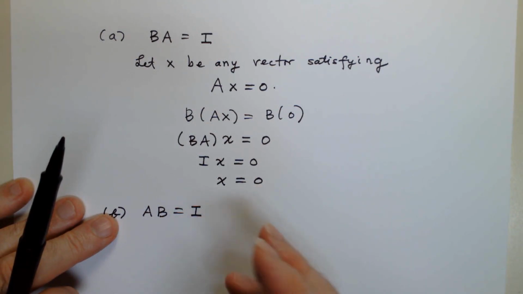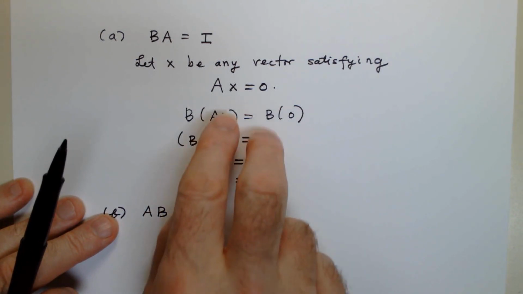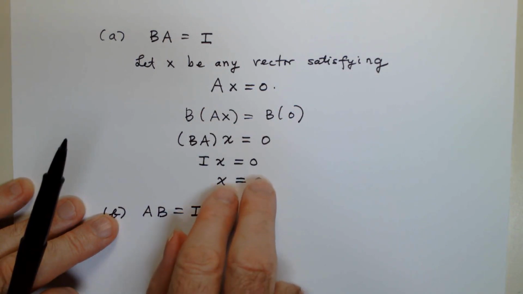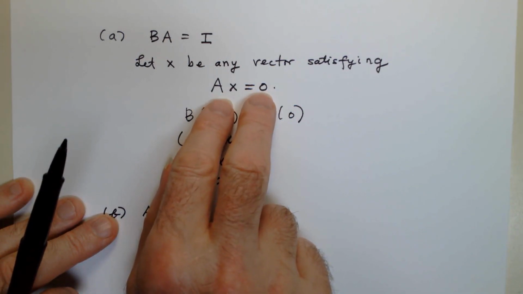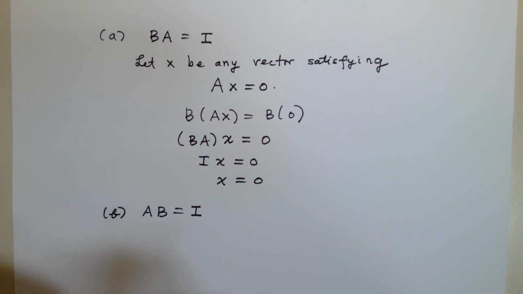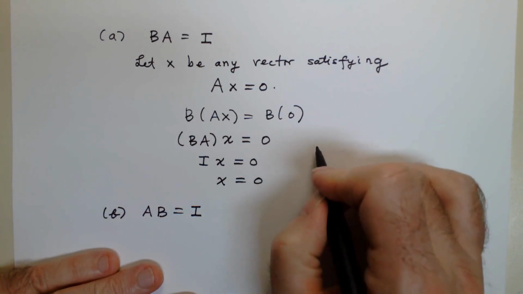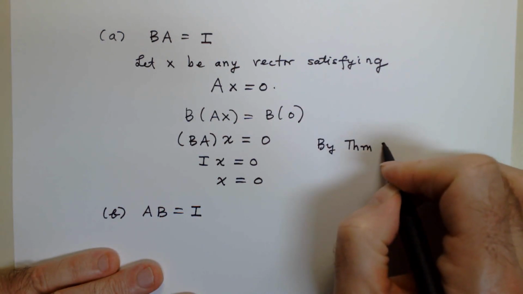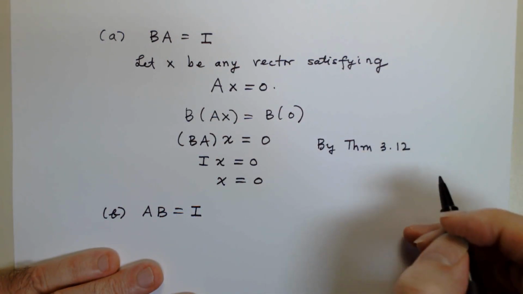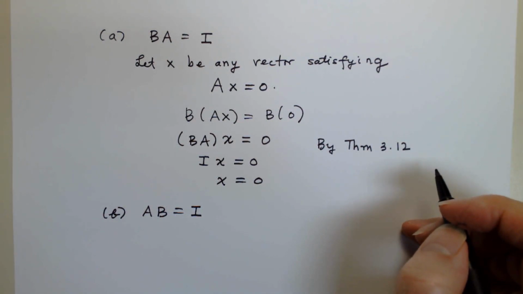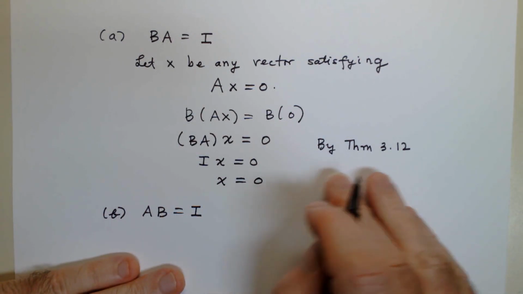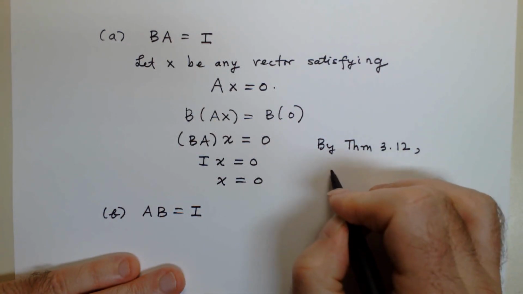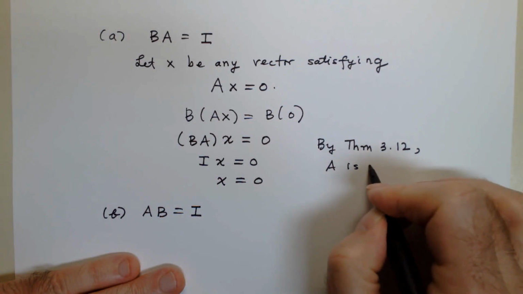One of the consequences is that if the trivial solution is the only solution to this homogeneous equation, this implies that A is invertible. So our fundamental theorem of invertible matrices, version 1, comes to the fore here. By theorem 3.12, A is invertible.